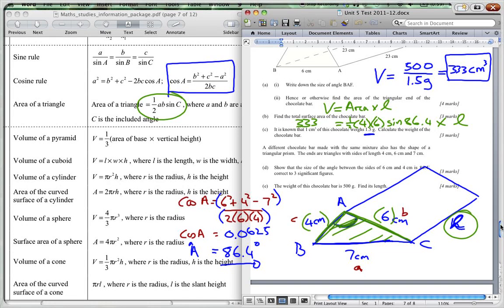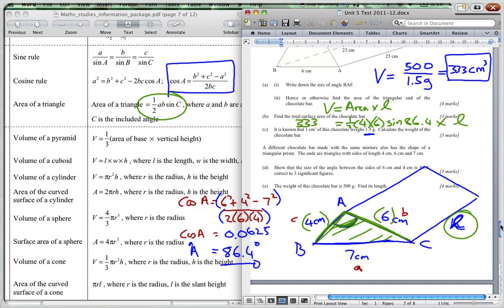So I put in my answer that I've still got in my calculator, 333.333, and I'm going to divide it by, open brackets, 0.5 times 4 times 6 times the sine of 86.4, close brackets, enter.